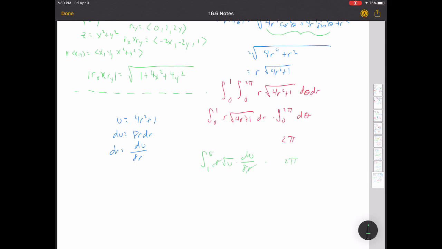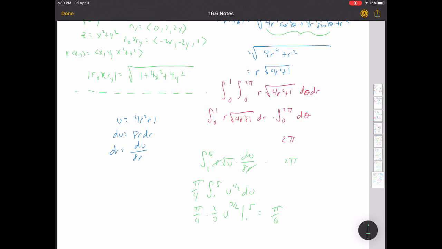The r's are going to go away. I can pull the 1/8 into 2 pi out to the front, so we're going to get pi over 4 integral from 1 to 5 of u to the 1/2 du. Let's take the antiderivative. So now we'll get pi fourth times u to the 3/2 times 2/3 from 1 to 5. Simplifying that, pi fourths times 2/3 is going to give us pi sixth.